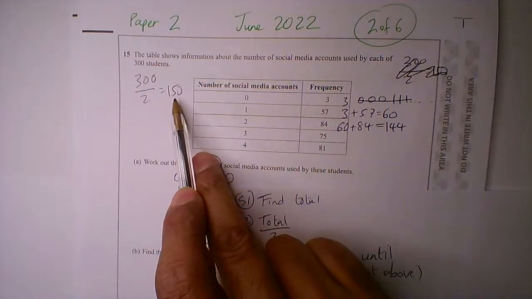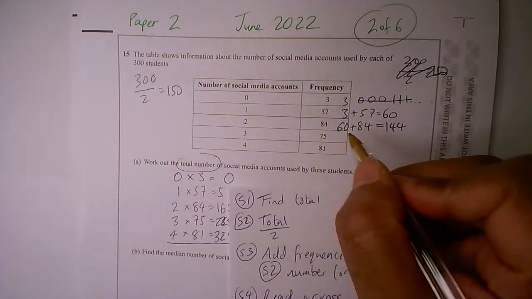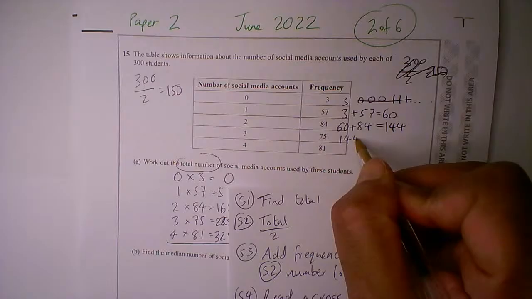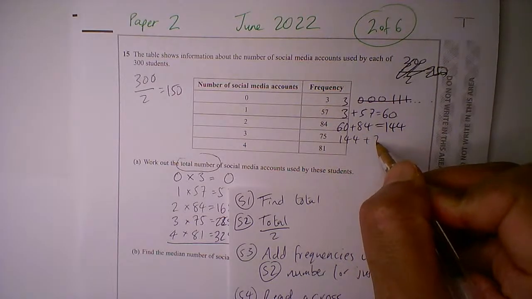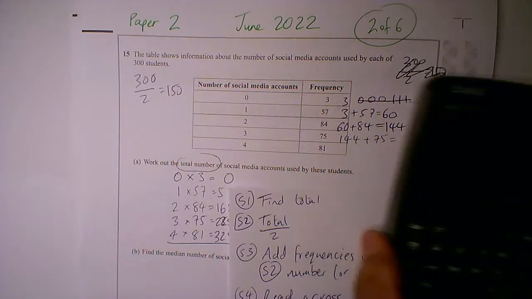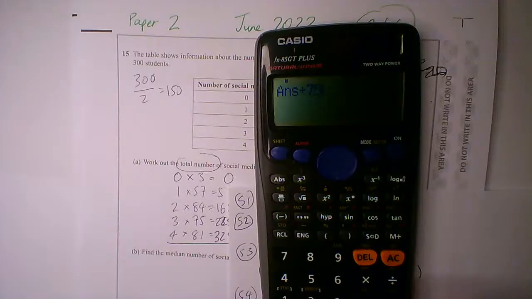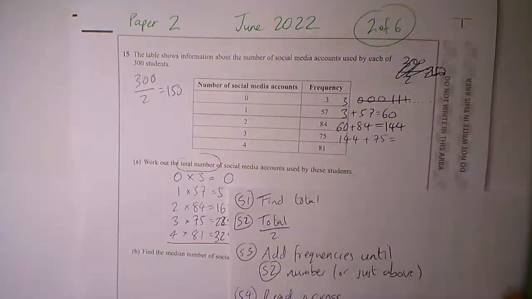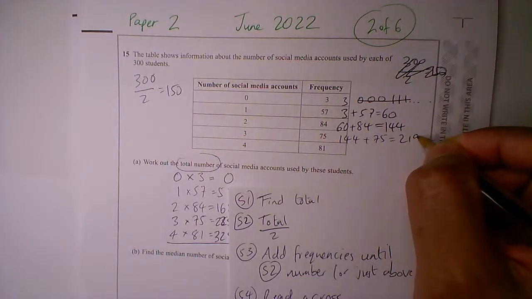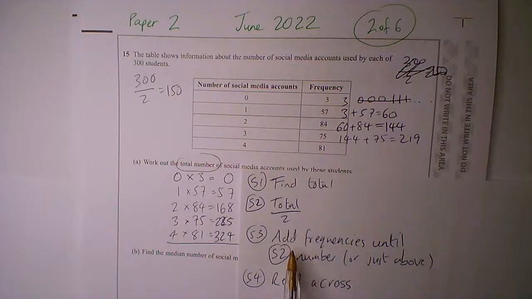144 is not 150, so I can see it's going to be in the next one. 144 plus 75 is way above that, so plus 75 gives me 219. And so I can see my step 3, add the frequencies until step 2 number.